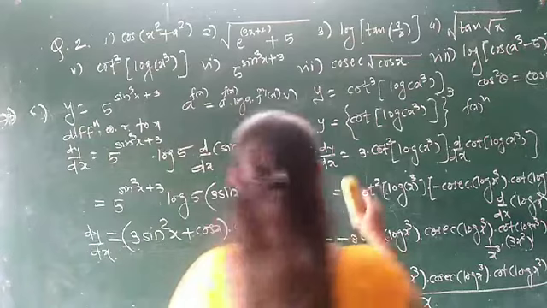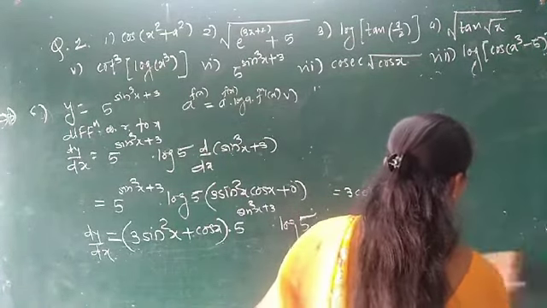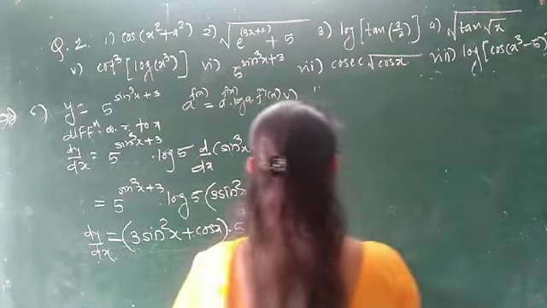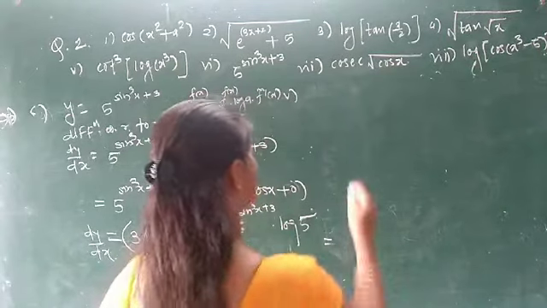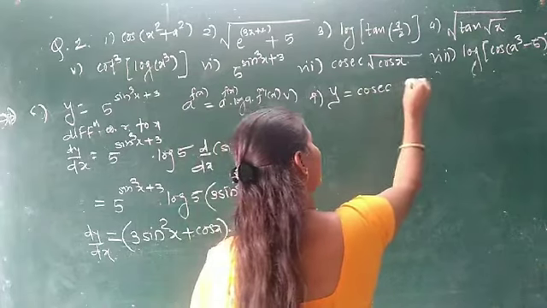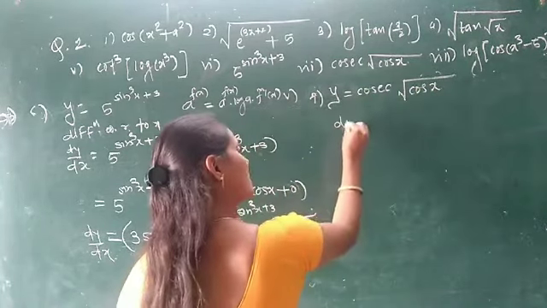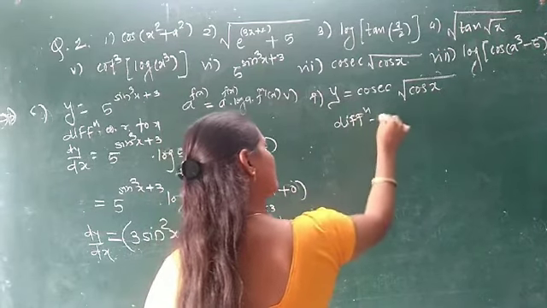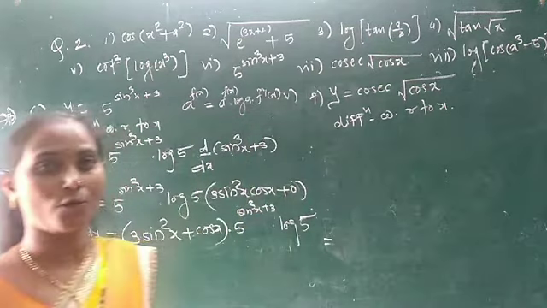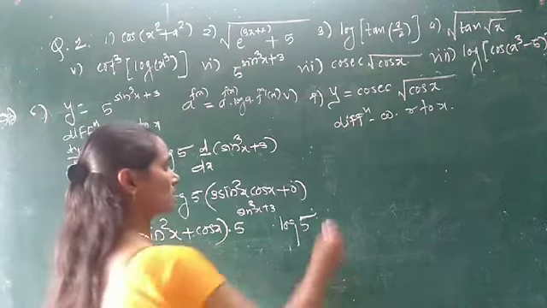Now next, question number 7. y is equal to cosec of root cos x. Cosec of root cos x. Differentiate f of x. Now this is in the form of cosec f of x. What is the derivative of cosec theta? Minus cosec into cot.